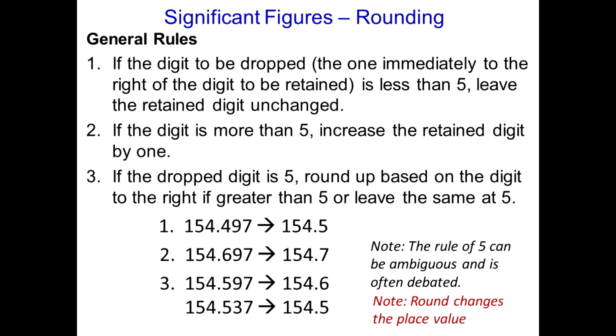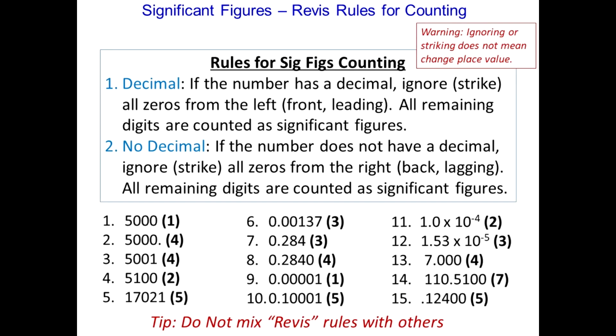Okay. The next part is significant figures. There are textbooks and other publications with sig fig rules ranging anywhere from 5 to 7 to 12 to more. You may use them if you wish.